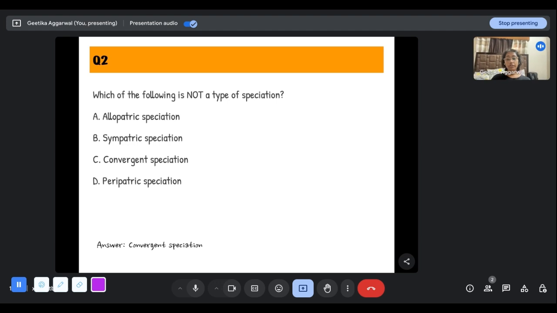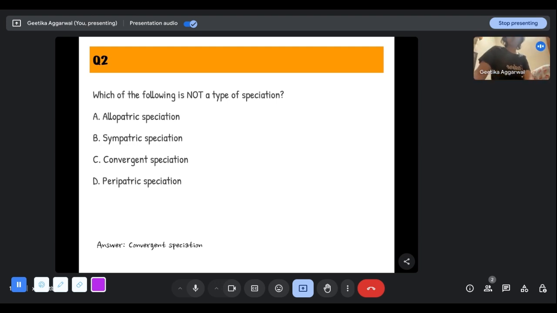We've discussed allopatric speciation, in which a geographical barrier comes up and separates a population into two distinct populations, which actually form two new species.